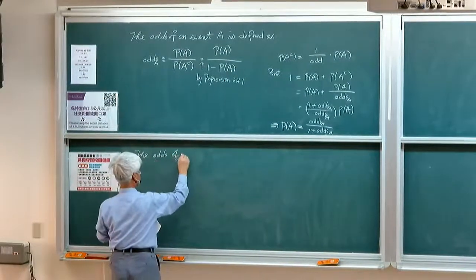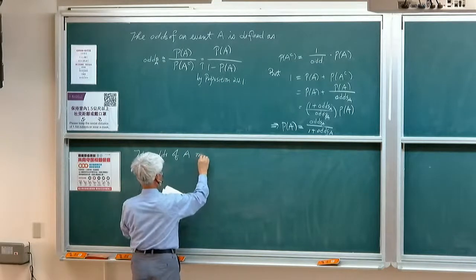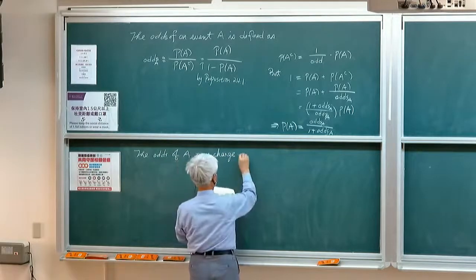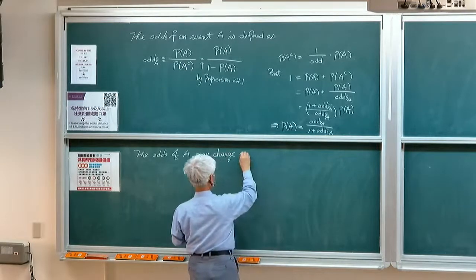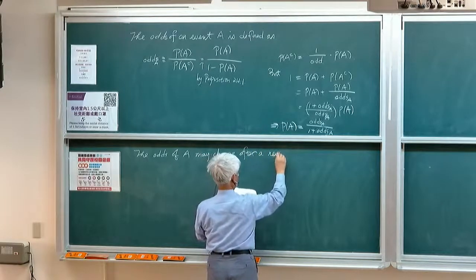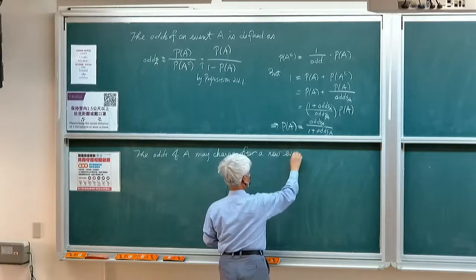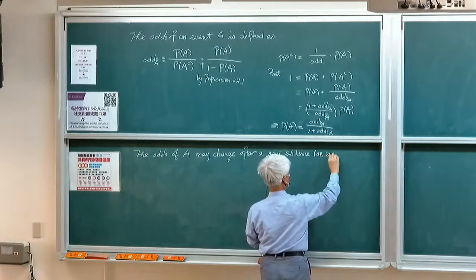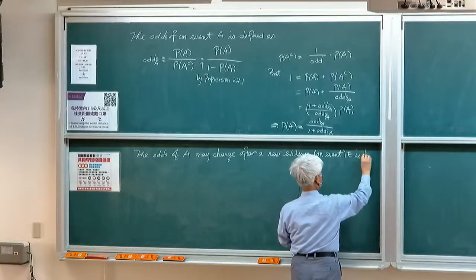So the odds of A may change after an evidence is observed. So maybe a new evidence, which is an event E, is observed.